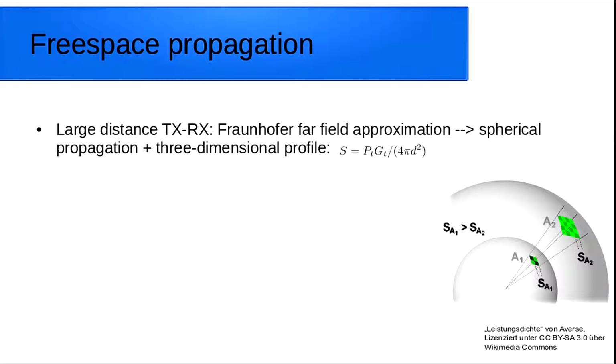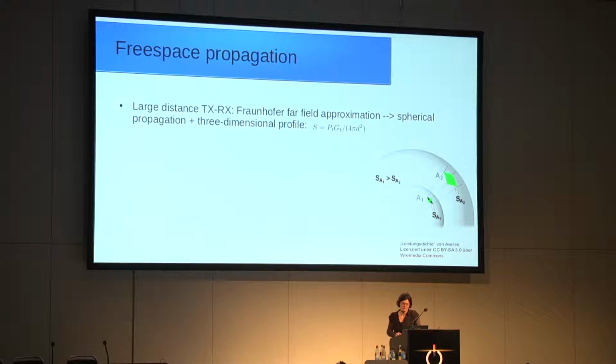Because in this case, your pointing vector, like the S from before, seems to radiate from a single point, and we can use the Fraunhofer far-field approximation, which simplifies a lot, because we can divide our term of propagation, the energy flux density, into a spherical propagation part. This can be seen in the figure here.